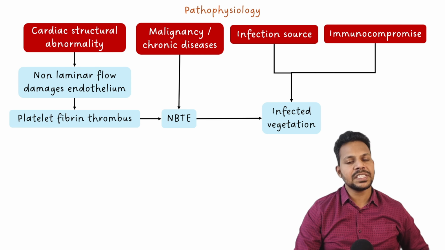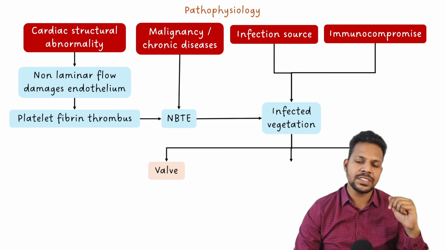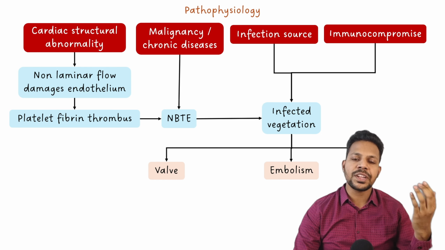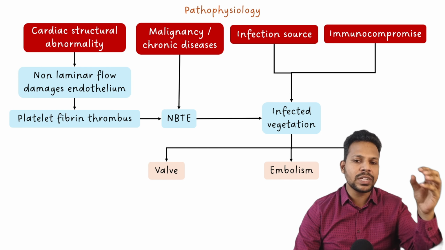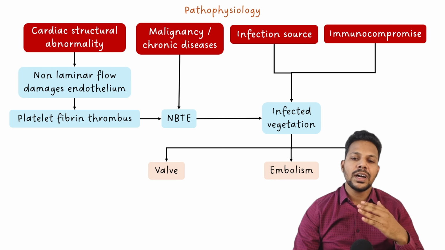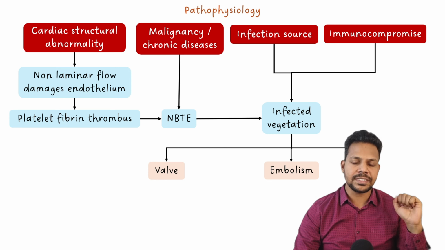This infected vegetation can affect the valves, or the vegetation itself can embolize, or against this infected vegetation our immune system can mount an immune response, and the antibodies will bind to that antigen and the antigen antibody complexes may disseminate all throughout the body.